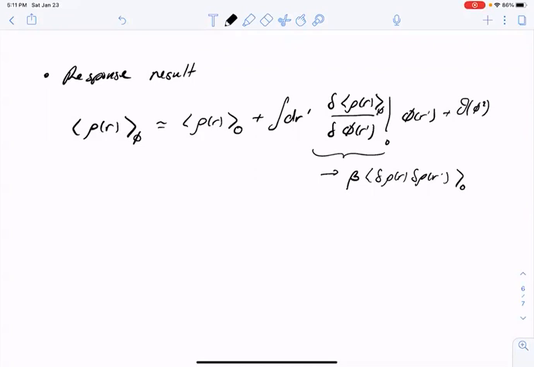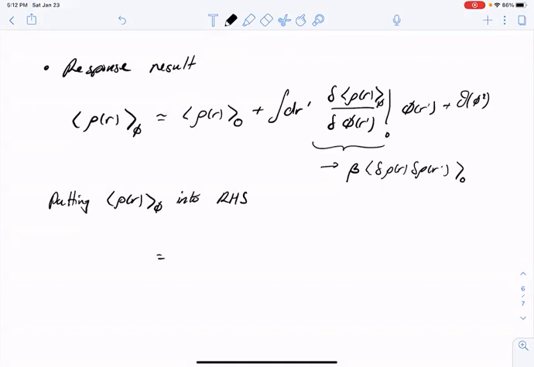We could put rho of the field back into that equation. If we did that, we would get a second integral.